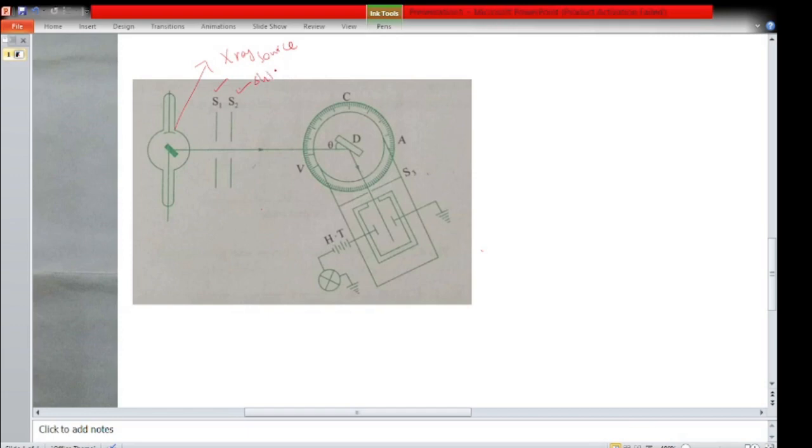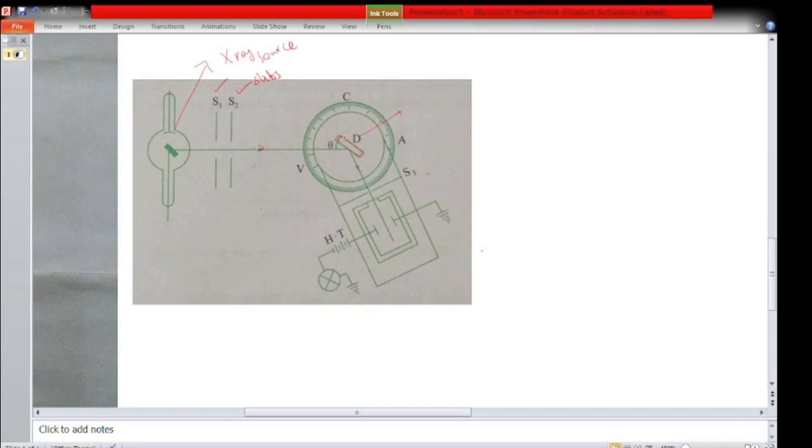So those X-rays are passed through those slits S1 and S2 to obtain a very narrow beam, which is then allowed to strike a single crystal. Okay, so these X-rays passing through the S1 and S2 slits give a very narrow beam, and that narrow beam of X-ray is interacting with this crystal.